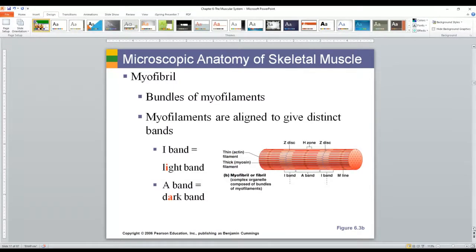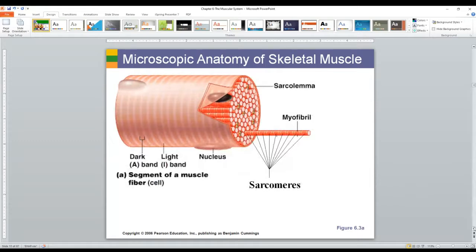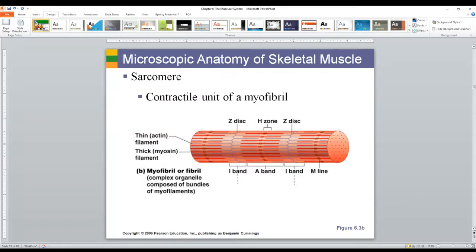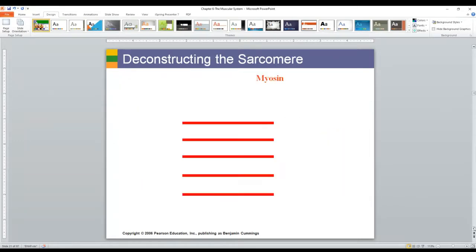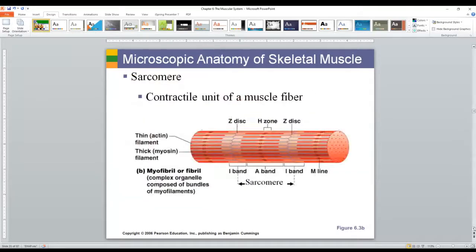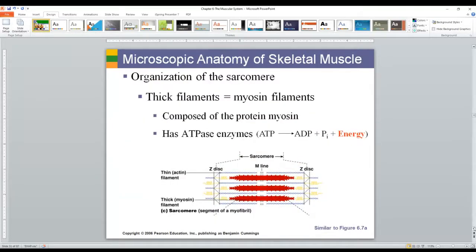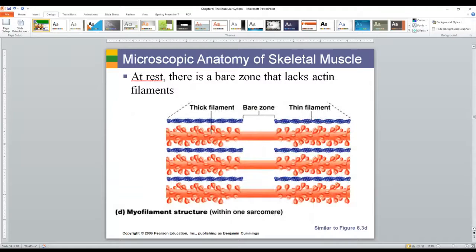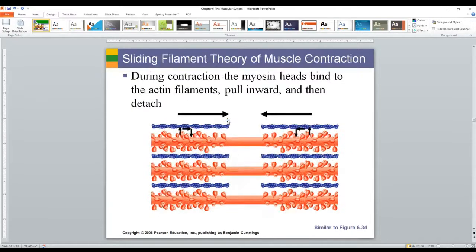We talked about the myofibrils, that they're composed of sarcomeres. We looked at the anatomy of the sarcomere. And then finally, what this was all about was understanding how these myosin heads interacted with the actin filaments to cause contraction.